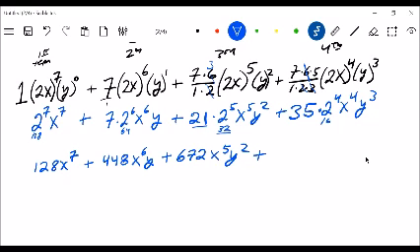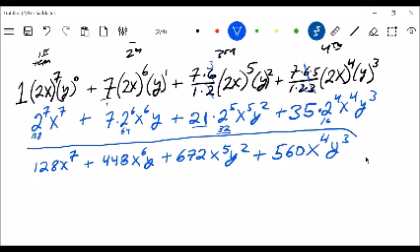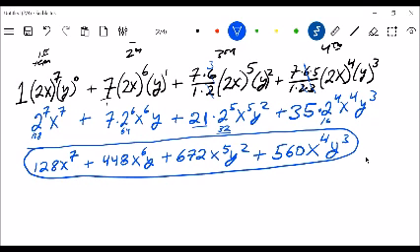And here it's 35 times 16, which is 560. And now it's x to the 4th, y cubed. Let me circle that. Those are the first 4 terms.